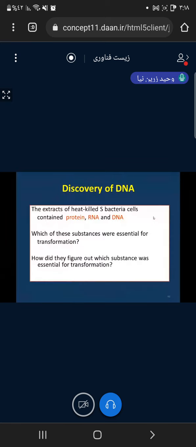In this session, I want to teach about the history of the discovery of DNA. The extract of heat-killed bacterial cells contains protein, RNA, and DNA.